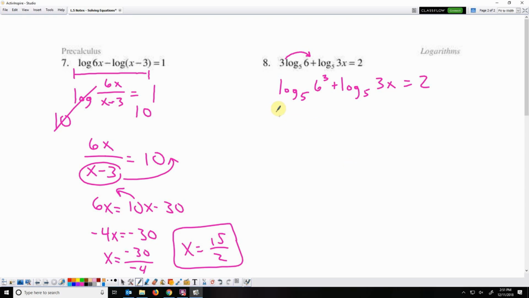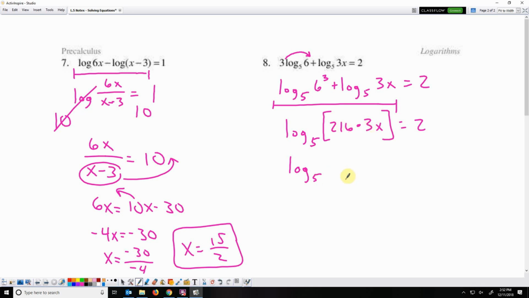Okay, next I can condense these to log base 5, and it's adding, so I'm going to multiply. And then 6 to the 3rd power is 216 times 3x. 216 times 3 is 648.